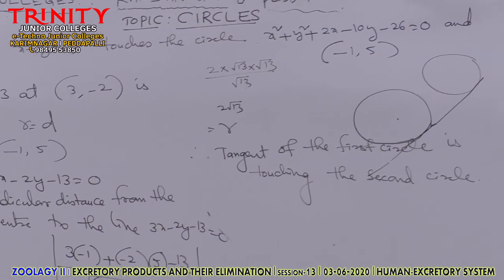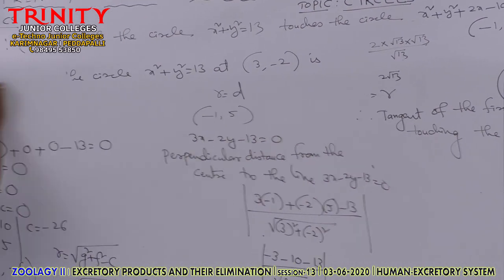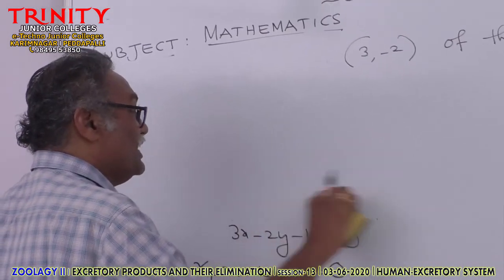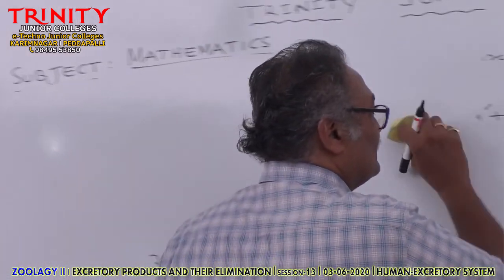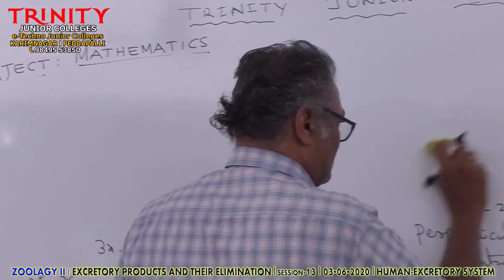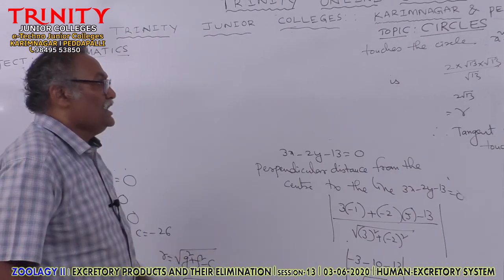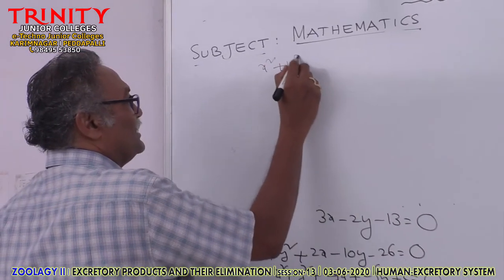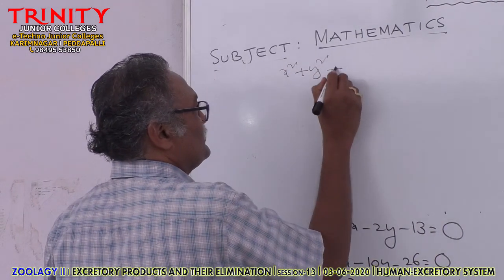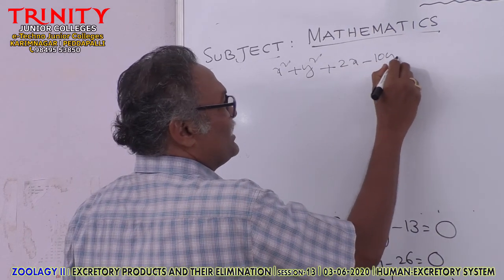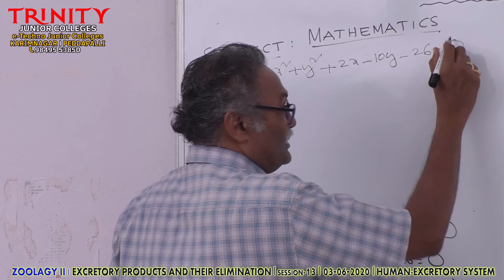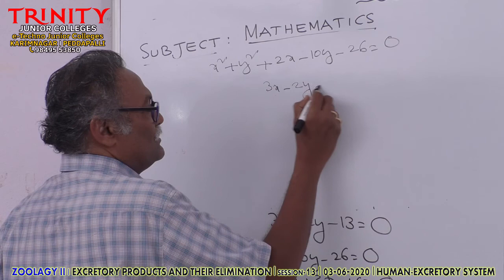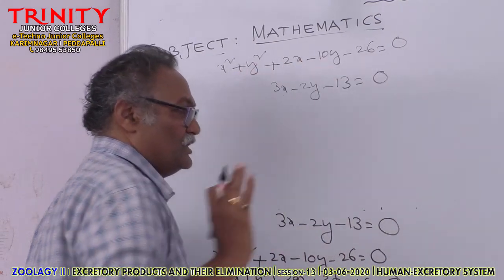How to do that? Here, assuming the point of contact is x1 comma y1. Here, the equation of the second circle, that is x square plus y square plus 2x minus 10y minus 26 is equal to 0, and the tangent equation 3x minus 2y minus 13 equals to 0.